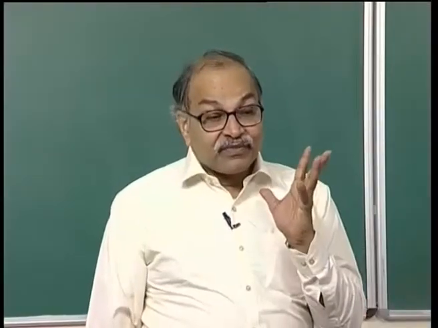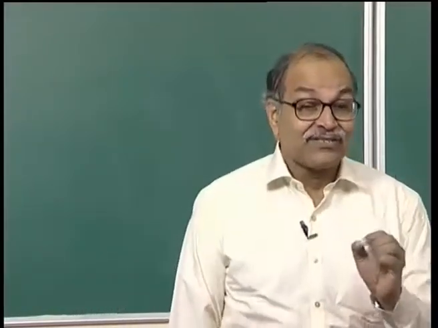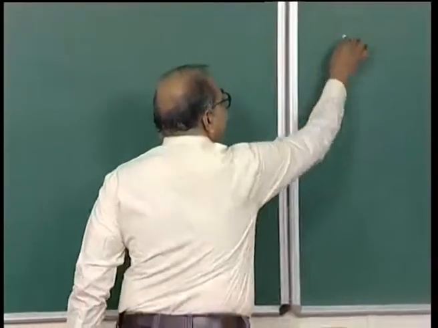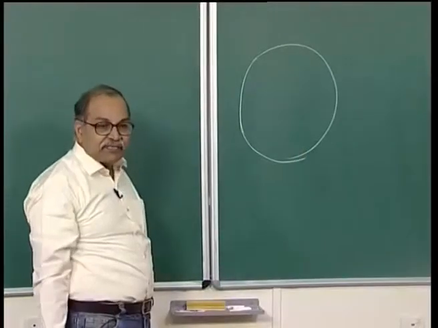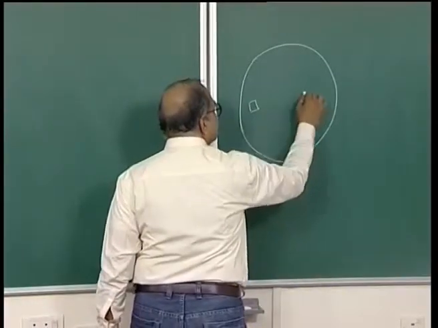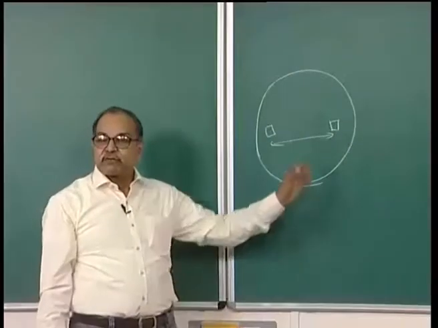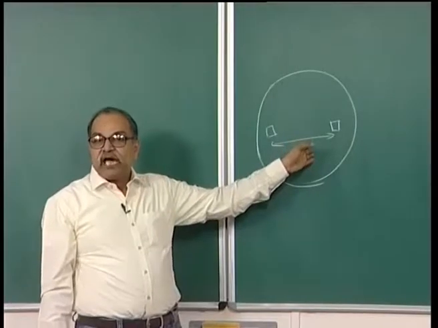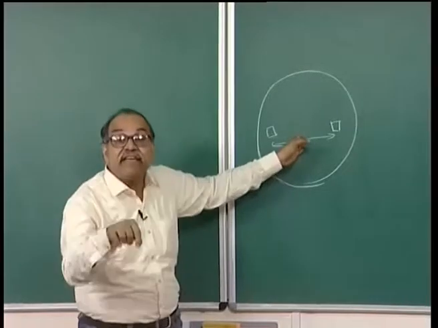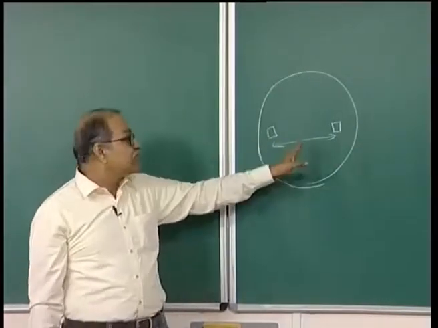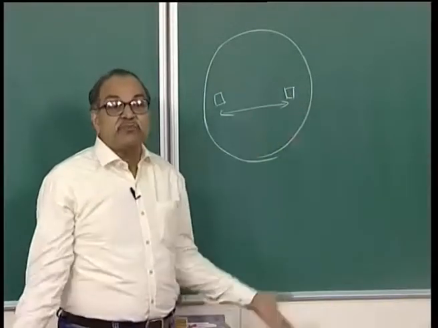So, what does that mean? That means that nuclear forces are short ranged. If you have a nucleus of some 6-7 femtometers of diameter, and you have a nucleon here and a nucleon here, and the separation is say 5 or 6 femtometers, and if this pair is not contributing significantly to the binding energy, that means the nuclear force between these two is extremely small.